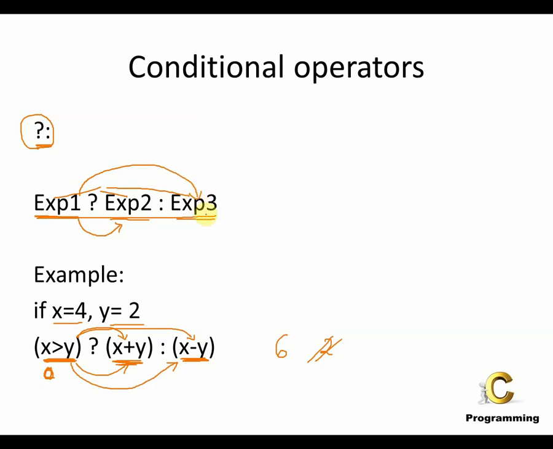So this is how conditional expressions function, and this is the general form of a conditional expression. The conditional operators to be used are of this type, and conditional operators are also called ternary operators. This is what you have to remember. So this was it about the conditional operator.